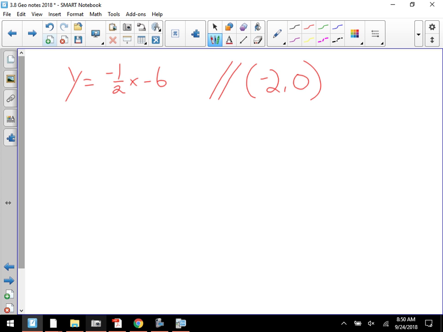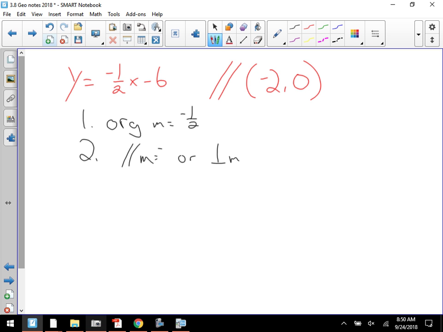So in this problem here, what's the original slope? Negative 1/2. Very good. So I write that down. My first step, the original slope. Step 2, is it a parallel problem or is it a perpendicular problem? Which is it? Parallel. So if it's parallel, what's a parallel slope to negative 1/2?